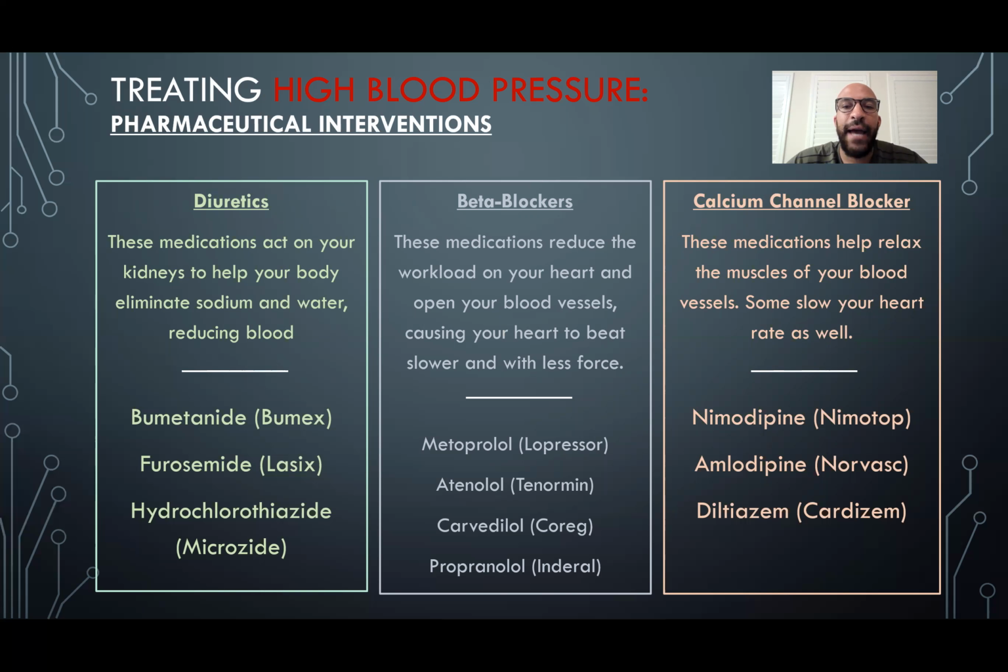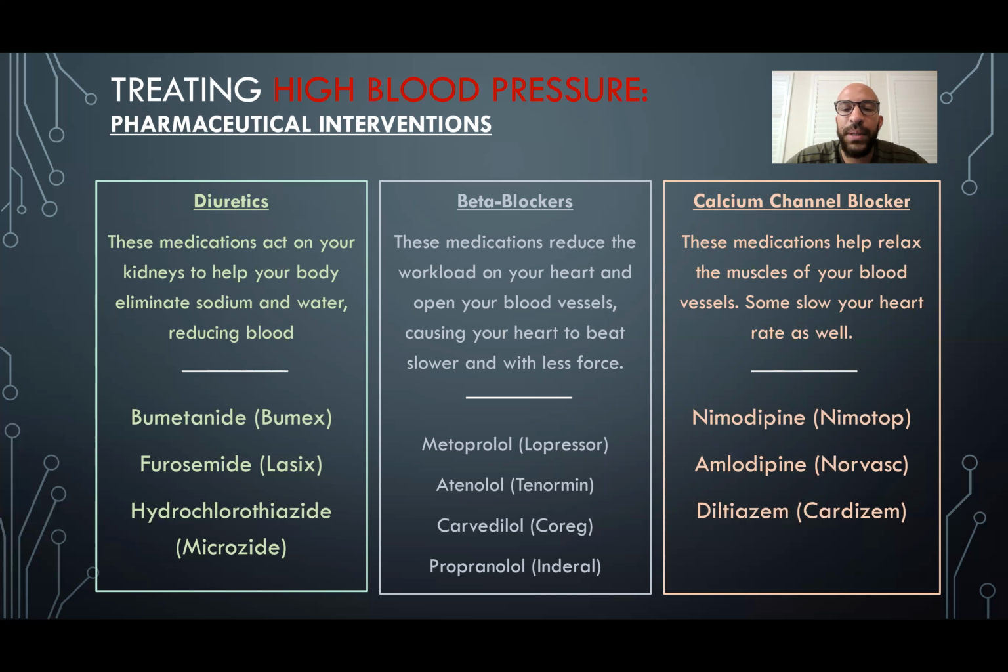Now, the third and final most common pharmaceutical intervention that we give to treat high blood pressure are calcium channel blockers. And these medications help relax the muscles of your blood vessels. Some slow your heart rate as well. So, what medications are most common to be given as calcium channel blockers?